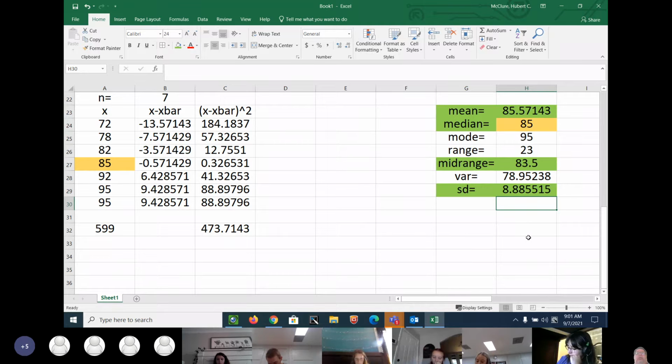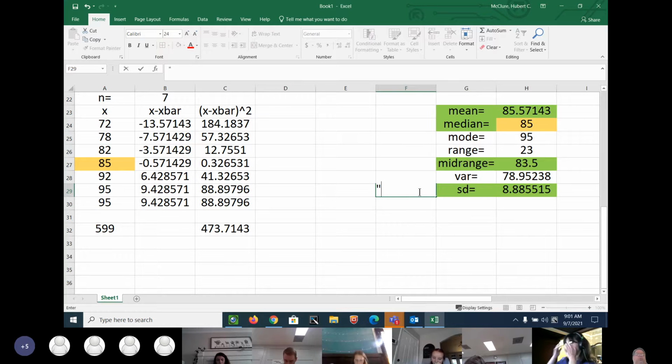Now, let's talk about what we found. Does anybody have a nickname or a layman's definition for the standard deviation? Anybody that's had it before, know what it is, in layman's terms, not mathematical terms?